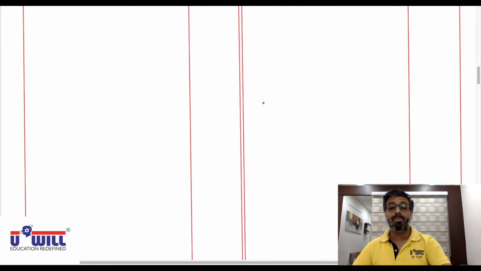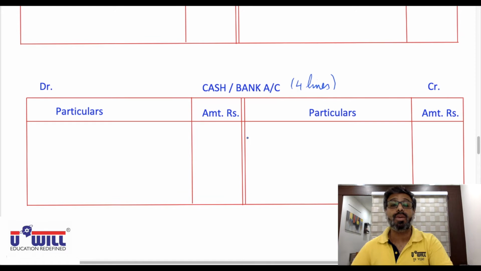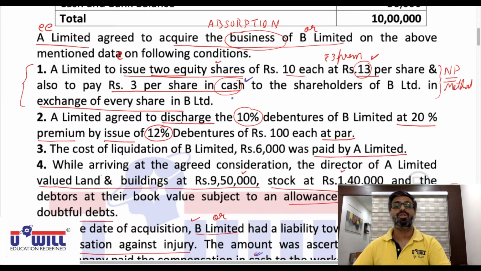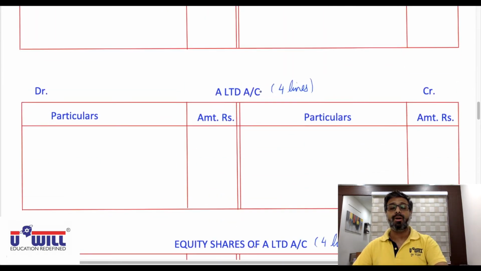So you have to make this cash and bank account also. In which situation do we have to make it? If there is any transaction of cash in the question related to transferor company. Here transferor company is receiving cash from transferee company, as well as transferor company itself is paying in cash to the workmen's compensation. So we have to make cash and bank account also.